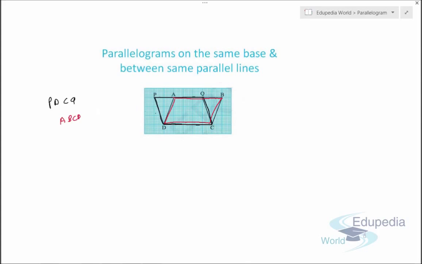So this is another parallelogram. You can see that both these parallelograms lie on the same base DC and between the same parallel lines BP and DC. So this is how we identify the parallelograms that lie on the same base and between the same parallel lines. So let's discuss the theorem.